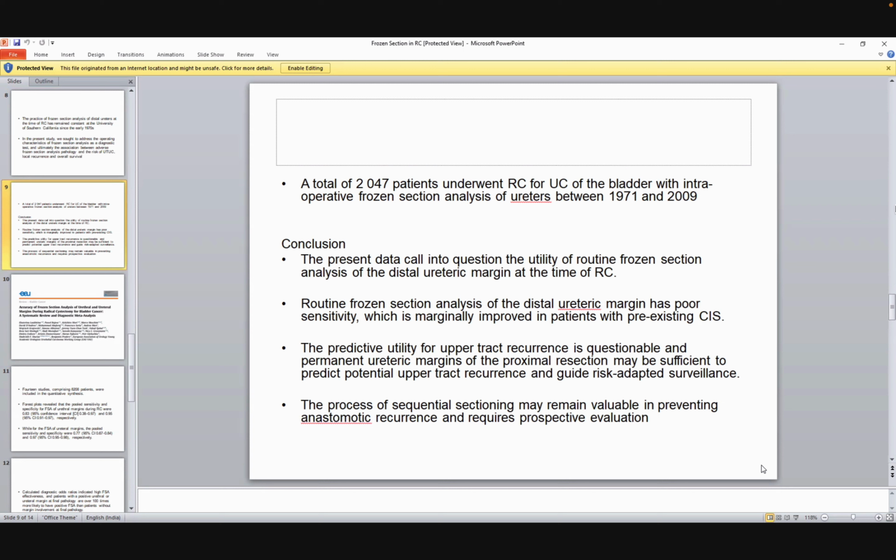Urothelial cancer of the bladder. Urothelial cancer of the human body. Where else will you get? I'm talking of bladder. Bladder is the most common, no?